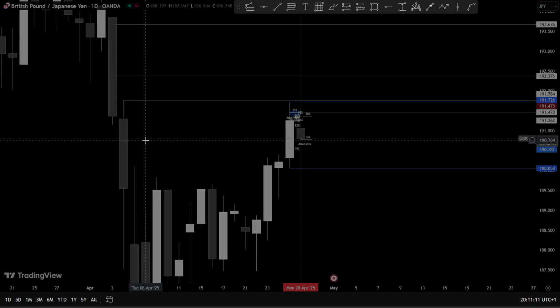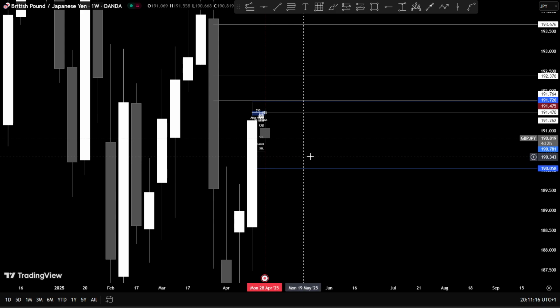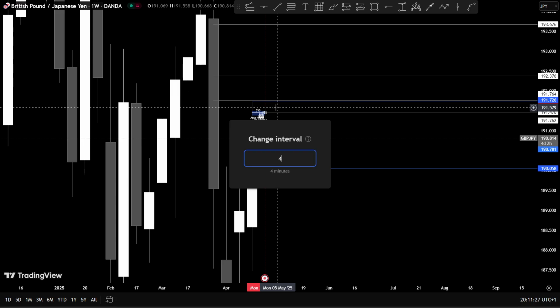Also on the weekly, I guess we have this weekly fair value gap that's probably, if there's some sort of internal range liquidity sweeping, going to make us reverse, and that is what really happened.